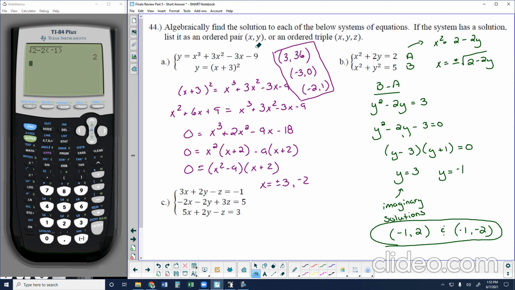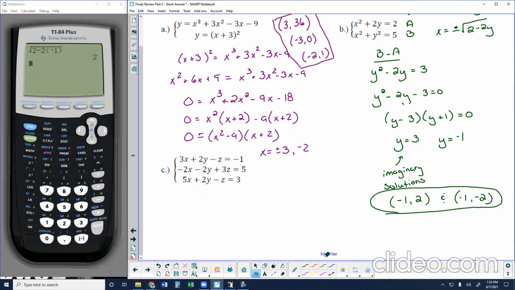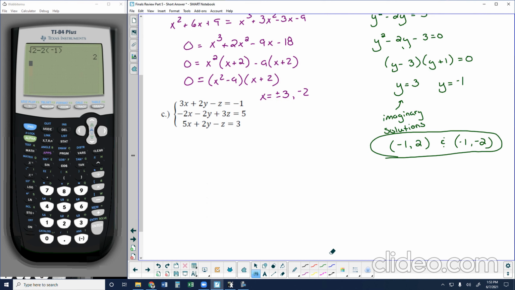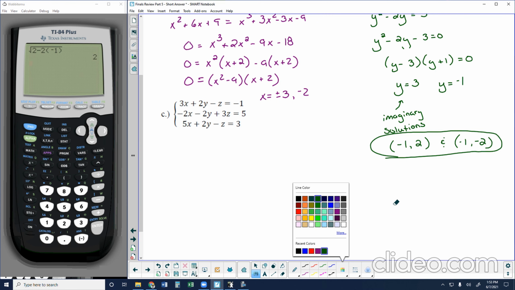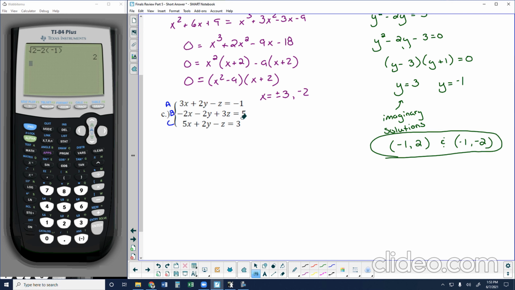Finally, problem 44, C, is a 3-variable system of equations with 3 different equations here. So we want to use the process of elimination here as well to eliminate variables down into a 2-variable system of equations. So if I label these, I'm going to go ahead and label them as A, B, and C. I'm going to use a couple methods of elimination here.